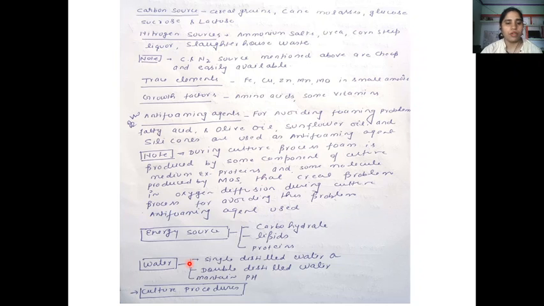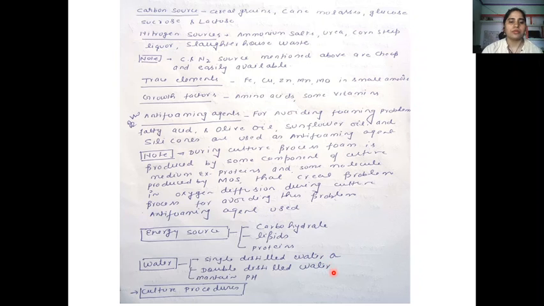And next is the water. Single distilled water can be used, or double distilled water is also used. Double distilled water is much better than single distilled water. It is also called deionized water, because the ions are removed, as ions create hindrance. So we use single distilled water, double distilled water, or sterilized water.